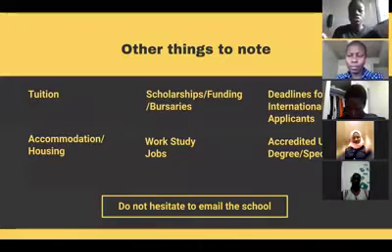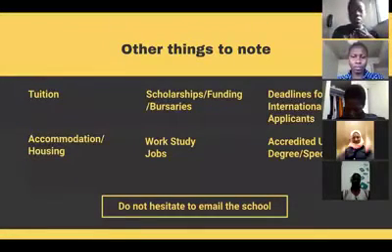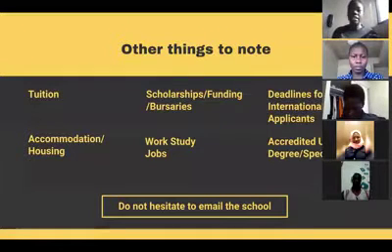Some of those jobs include teaching assistants, research assistants, and some other things as well. So it gives you that professional experience, and not just the money. And even for the money, it helps you to pay for things that you might not have been able to pay for.